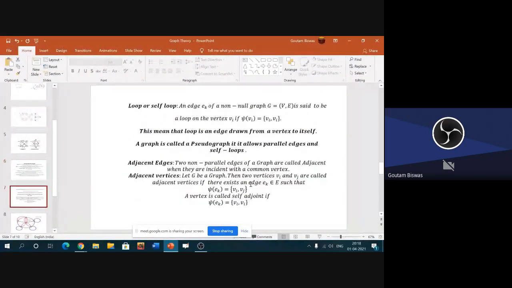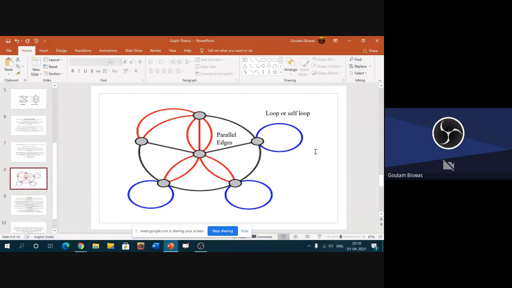Next is loop. I will show you the first loop. This is the loop: an edge starting from this vertex again falls on this vertex. This is called a loop. And these are parallel edges.